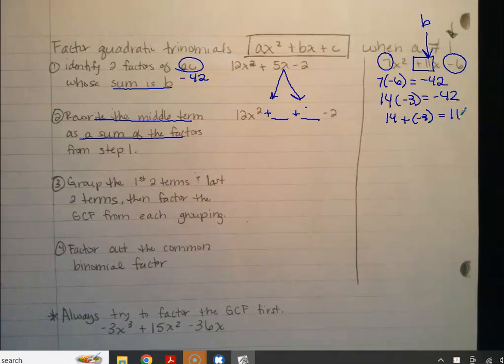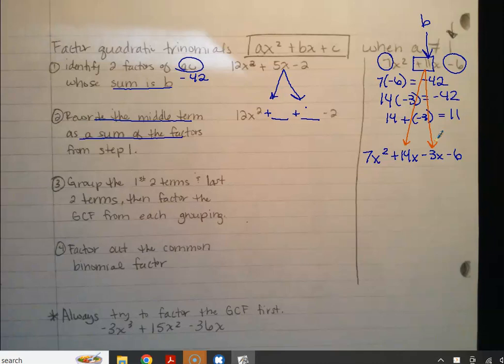We good so far? Yep. So we just took this 11x and split it into a 14x minus 3x because it still equals 11. 14 minus 3 is still 11.